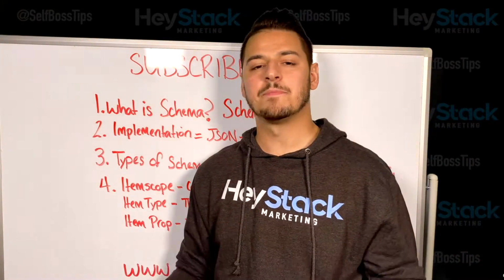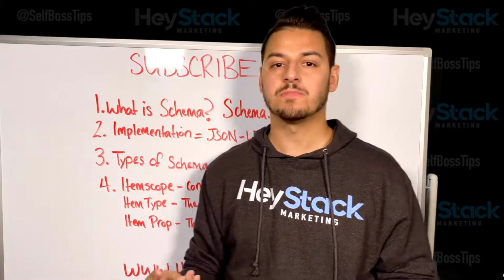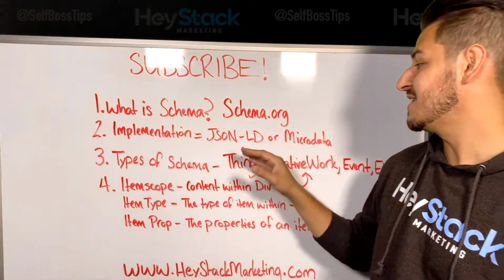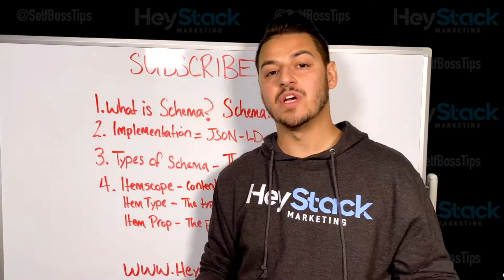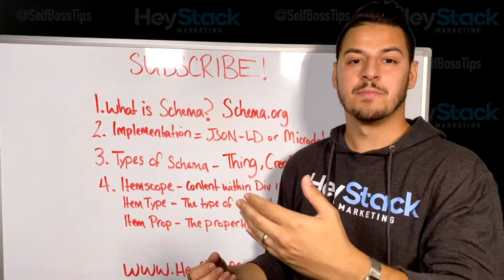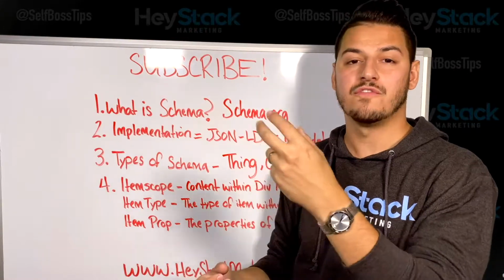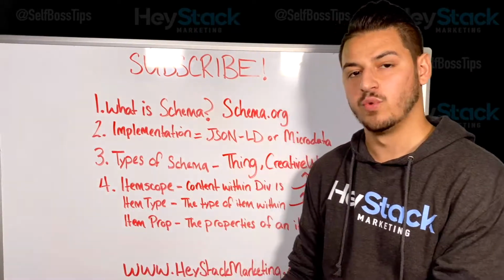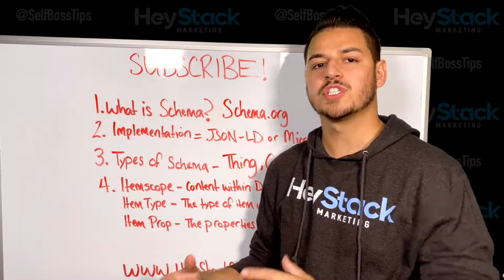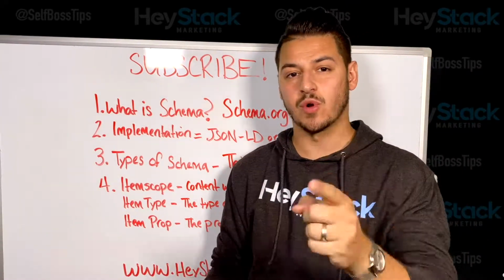Schema can be implemented in a few different ways. The two most popular are through JSON-LD or through microdata. JSON-LD is a language that's written and implemented into the head of a web page, and it is independent of the content that lives within the web page. For different resources on how to write JSON-LD, just do a quick Google search.